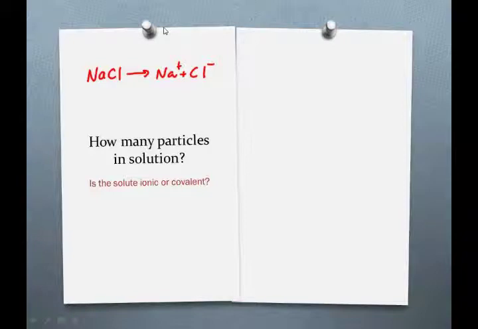Versus if you have a covalent solute, let's say sulfur dioxide, when you put it into water, it does not form different particles, it just stays as one molecule. So we can think about sodium chloride as coming in as one and splitting up into two, and SO2, or a covalent molecule, starting as one and still continuing as one.